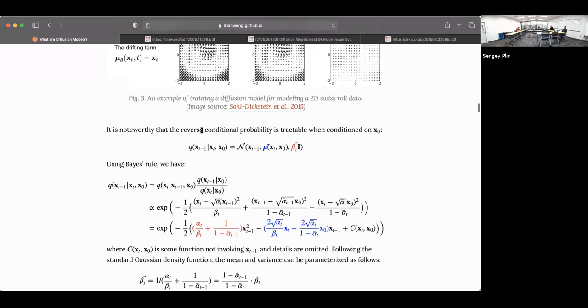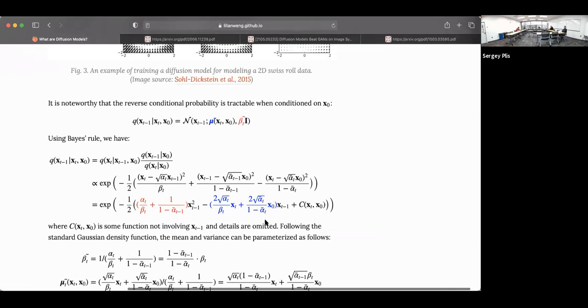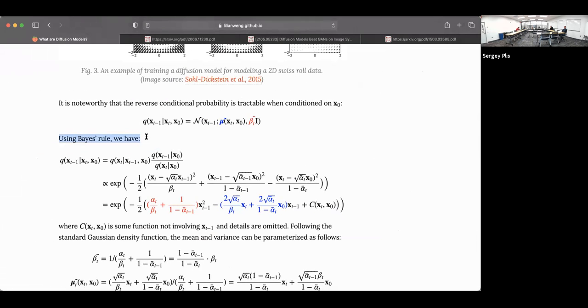Let's see if I can make it more clear here. This is what they do. They use Bayes' rule as follows, where they can get xt minus 1 given xt comma x0 using xt given xt minus 1 and x0, which is just the forward process.